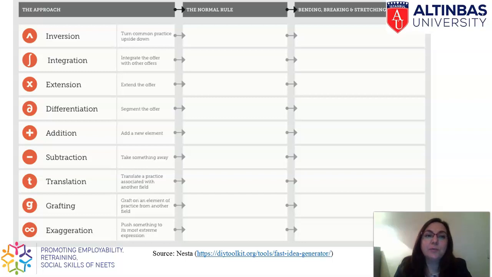Differentiation approach tells you to segment your offer. So you divide your offer into different modules. Like, for instance, the normal rule for, let's say, in the airports or in the flight industry, is that when you purchase a ticket for a flight, what you purchase is a seat on a flight, right?